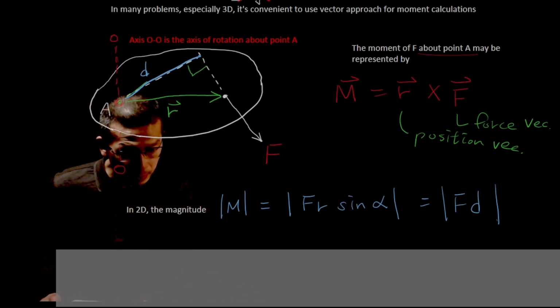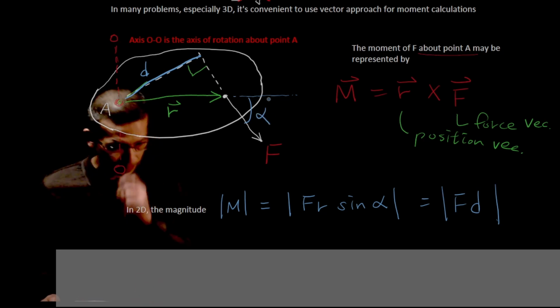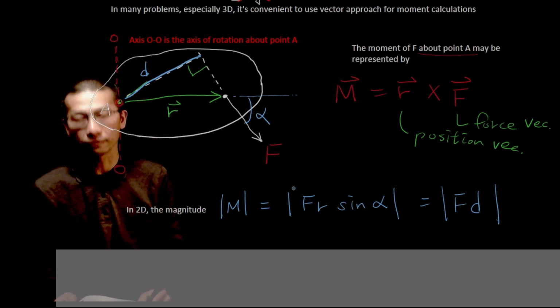Let's write it out. It's going to be the angle between R and F. So here's alpha, between R and F.